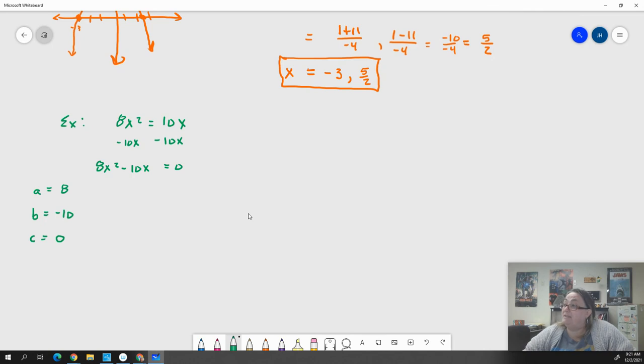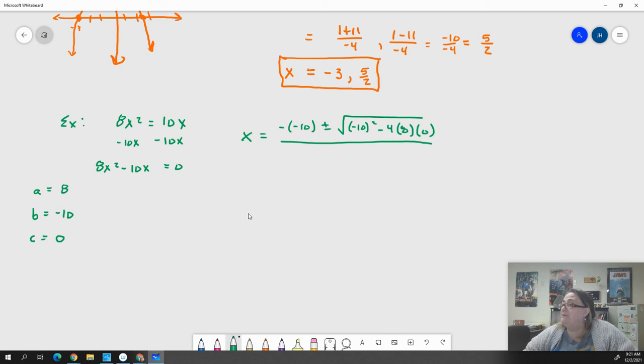So when I go to plug this into the quadratic formula, I'm going to go x equals minus b. Well, that's minus negative 10 plus or minus the square root of negative 10 squared minus 4 times our a, which is 8, and our c, which is 0, which just made the math really easy, did it not?